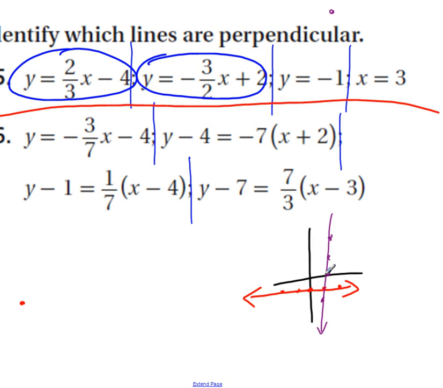What makes this one different is, what's true about the slope here? What happened when Phil tried to walk up a vertical line? He can't. So what's the slope here? It's undefined.